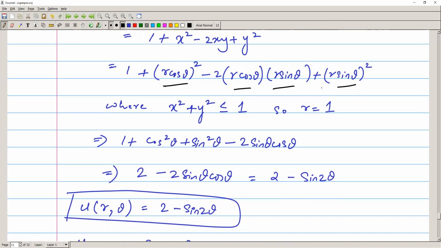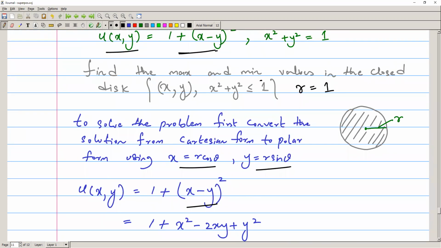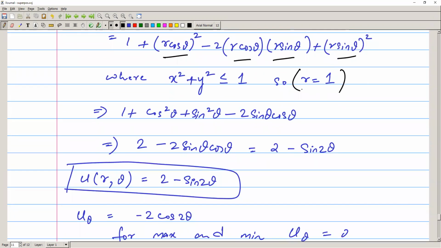So we get 1 plus cosine squared theta plus sine squared theta, because r is equal to 1, and it's given in the question that it is a closed disk of radius 1. From here we can see that r is equal to 1, right? This is basically the equation of the disk. So cosine squared theta plus sine squared theta makes 1, and 1 plus 1 gives 2, minus 2 sine theta cos theta.